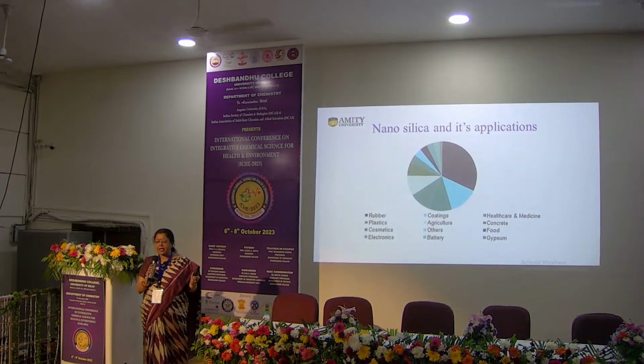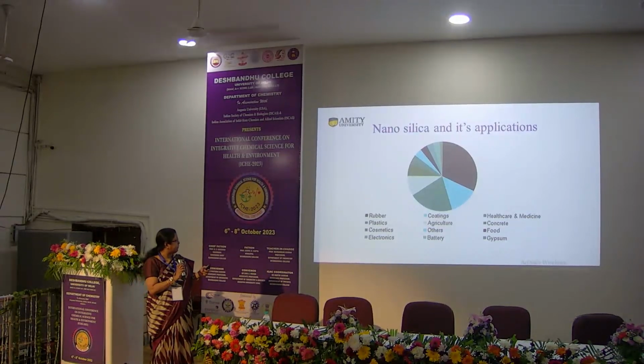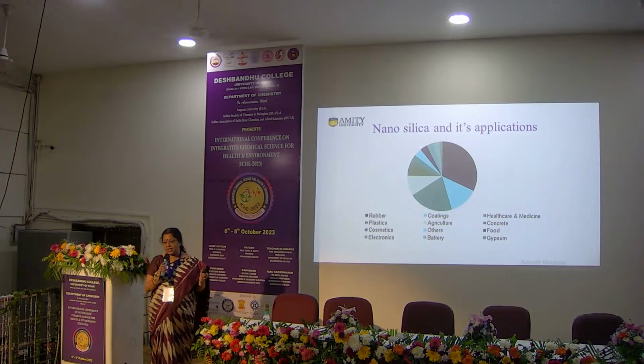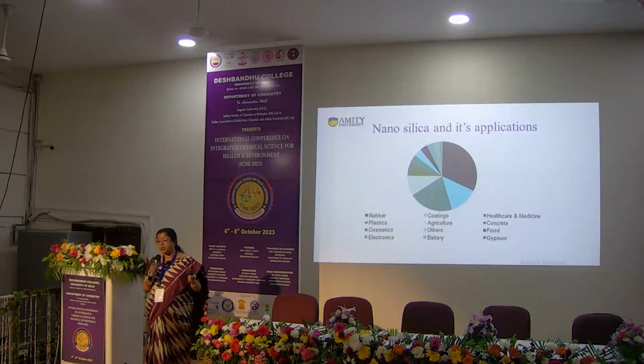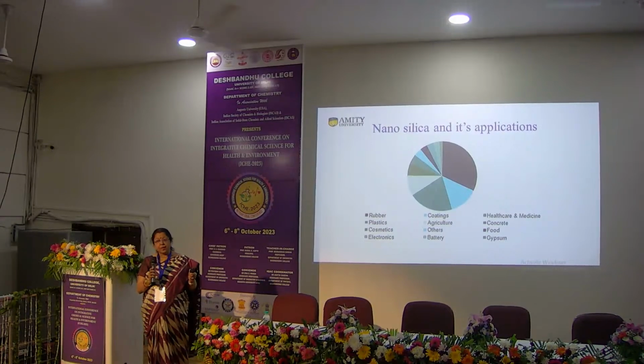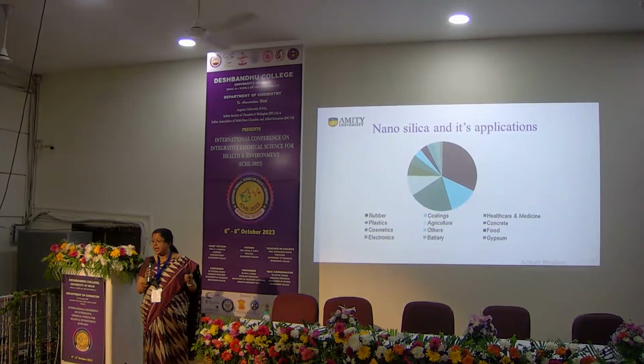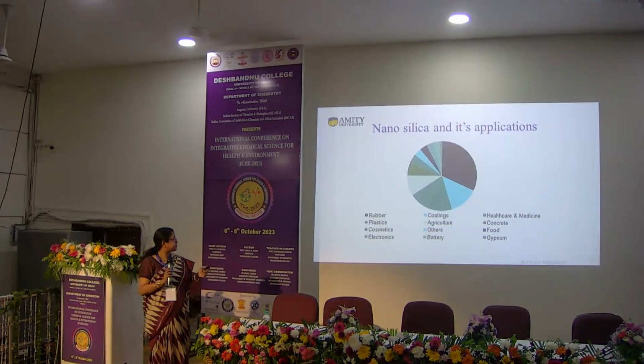So there are different industries like rubber, plastic, cosmetics, coating, and concrete. Even in healthcare, mesoporous nanosilica can be used for drug delivery. So silica is a very important material and it is very much present in the natural agricultural waste rice husk.